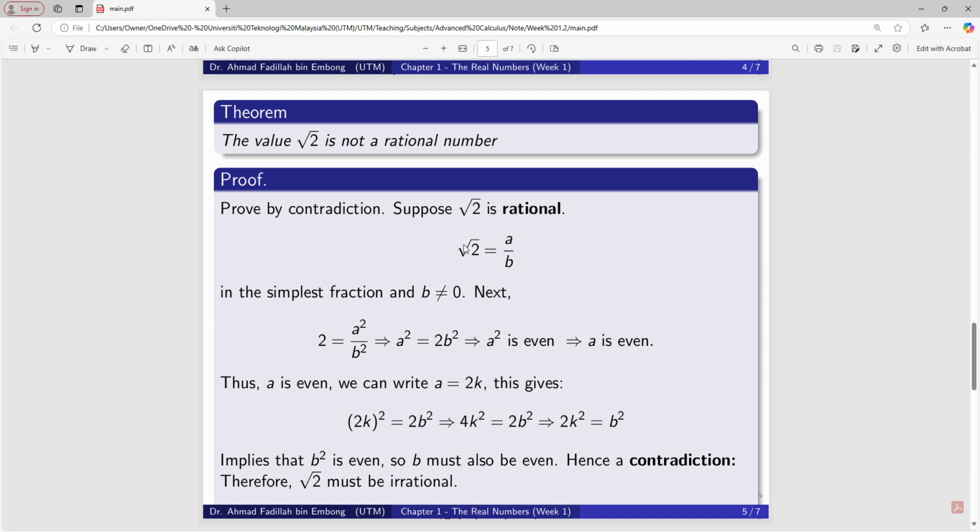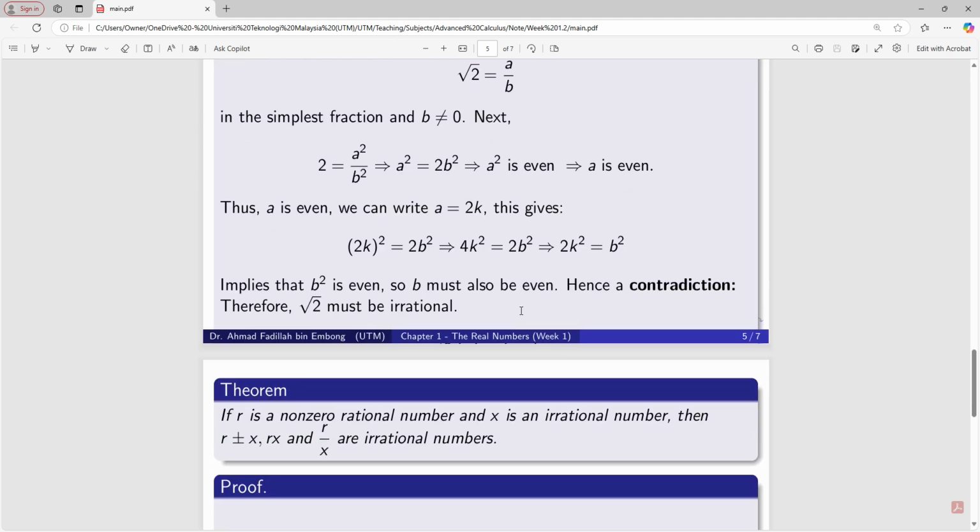Because we assumed that square root of 2 is a rational number. So we cannot suppose that square root of 2 is a rational number. Therefore, square root of 2 must be an irrational number. So that's why we have proved square root of 2 is an irrational number.